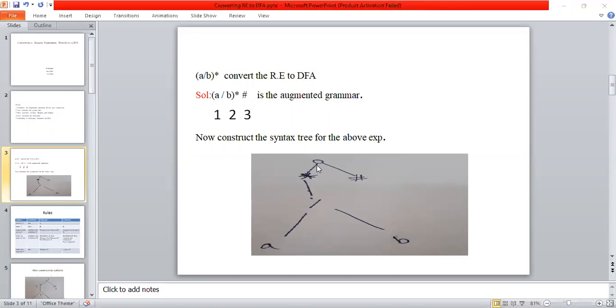So this entire value, cat node, hash, is the syntax tree for my given regular expression.